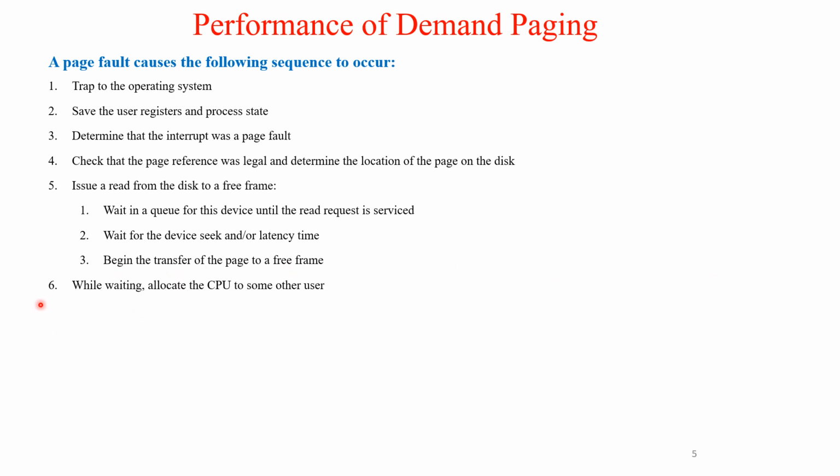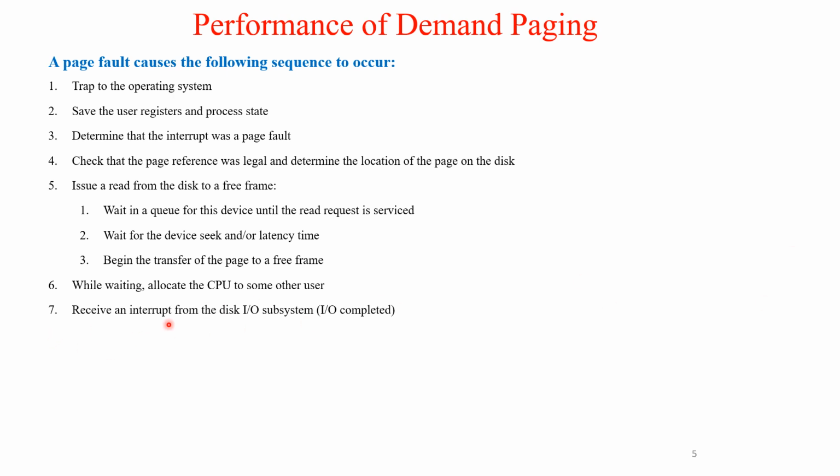Coming to the sixth step, while waiting, allocate the CPU to some other user, because we need some time to bring the required page from the secondary memory to the main memory. Till then the CPU would be idle, so while waiting for that process to happen, we will allocate the CPU to some other user.